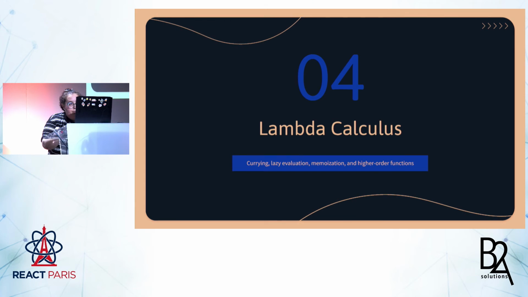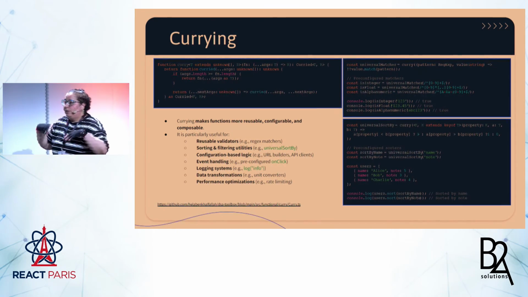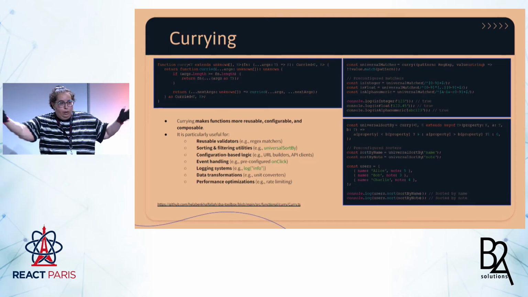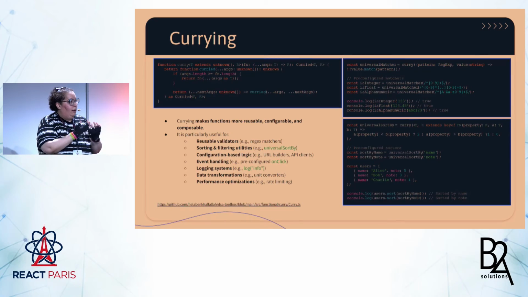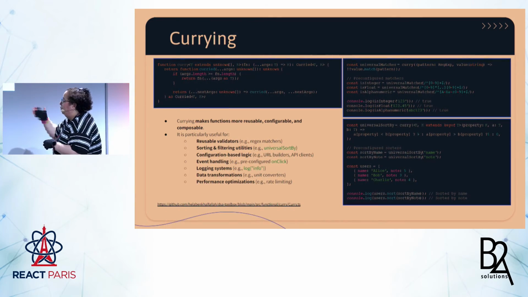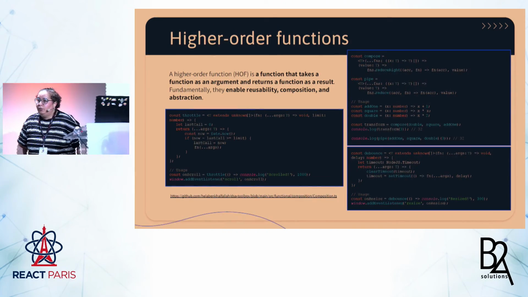And finally, the Lambda Calculus, they enable many concepts like currying, lazy evaluation, memoization, and higher-order function. For example, once we have a pure domain, once we have a predictable domain, this enables us to make many enhancements on performance. For example, using currying for reusable validator. Then higher order function.